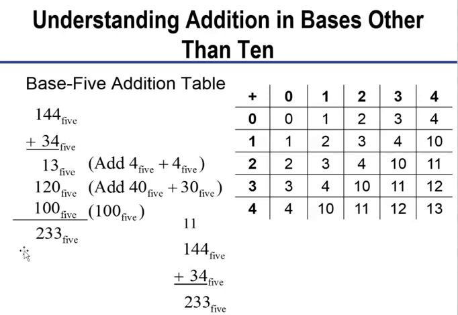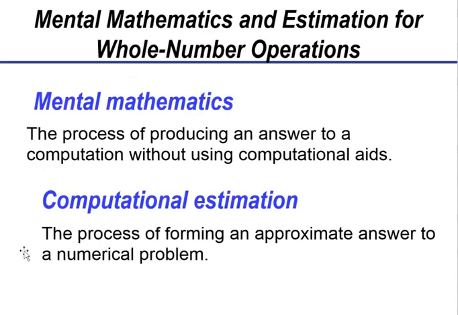Finally, let's wrap up the video by talking about some mental mathematics and estimations for whole number operations. What is mental mathematics? It is the process of producing an answer to a computation without using computational aids. Maybe try to do it in your head. Computational estimation is the process of forming an approximate answer to a numerical problem.